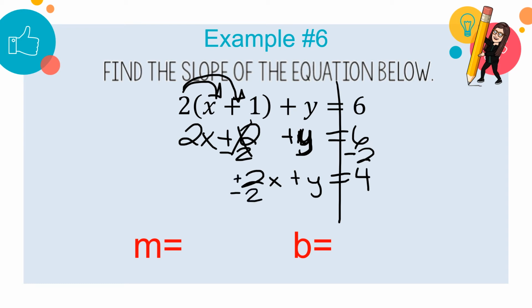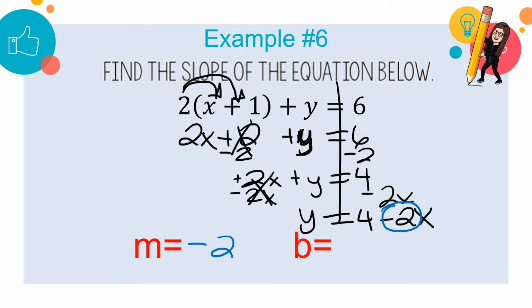Lastly, instead of +2x, let's -2x. Now, I can't subtract the x from the 4, so I write it as I read it. 4 minus 2x. Let's identify. The number in front of x is my slope. The number that's by itself is my b.